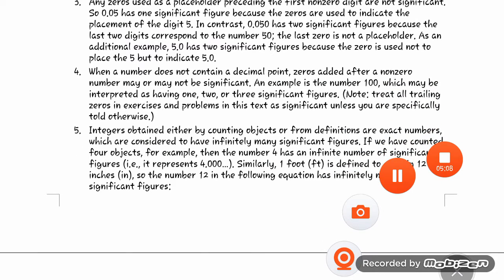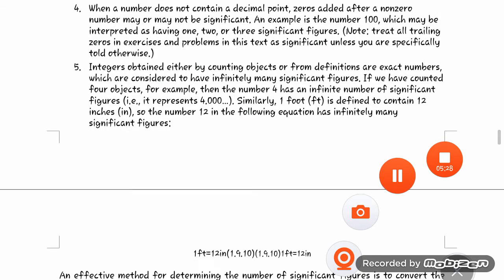As an additional example, when a number does not contain a decimal point, zeros added after a non-zero number may or may not be significant. For example, the number 100 may be interpreted as having one, two, or three significant figures. The fifth rule: integers obtained either by counting objects or from definitions are exact numbers, which are considered to have infinitely many significant figures.